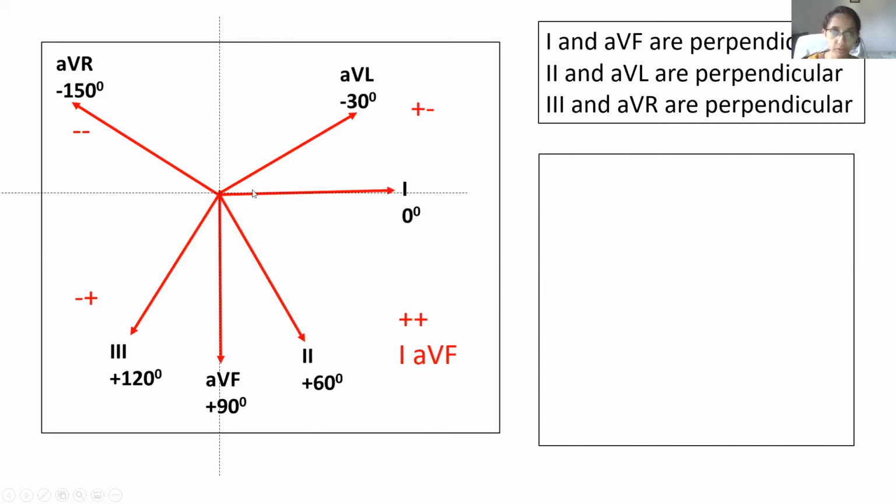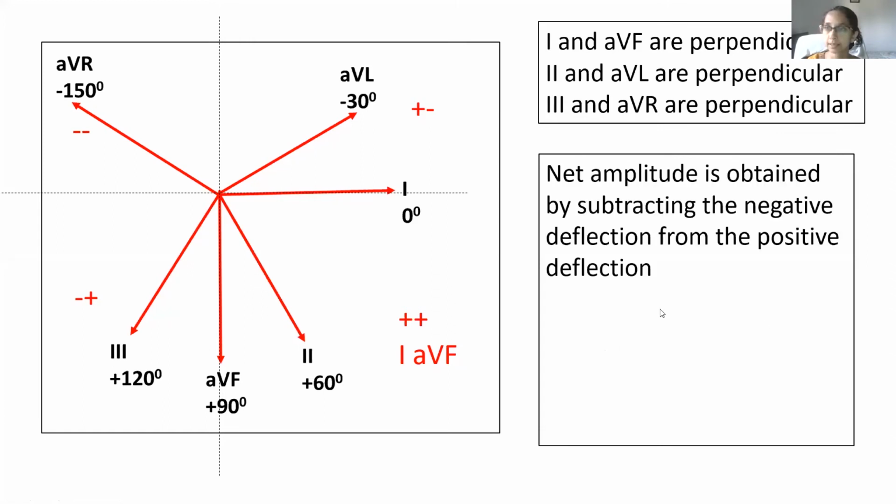In this quadrant, I have lead 1 and AVF both positive. In this quadrant, I have 1 and AVF both negative. Here I have 1 negative but AVF positive. And here I have 1 positive and AVF negative.